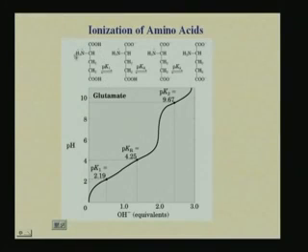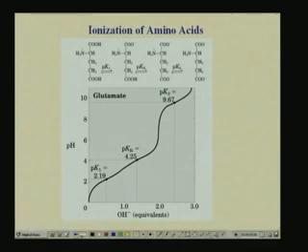What does glutamate have now? It has an additional COOH to it. So, what do I have at low pH now? At low pH, look at this species. This is the side chain. So, this is our side chain, right?